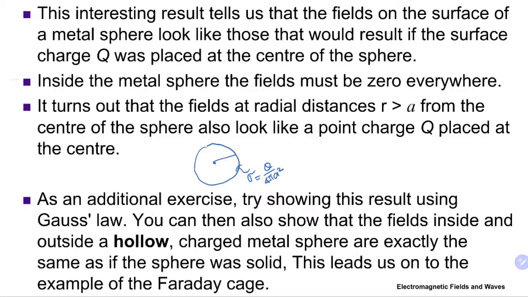So this is equivalent to a point charge of value Q sitting at the center of the sphere. Okay, for any point outside the sphere, if I want to find E at this point, it will be just this distance here, R, and this will be equal to Q over 4 pi epsilon naught R squared, which is the same as my point charge right at the center of the sphere. Okay, that was what it's trying to illustrate here.